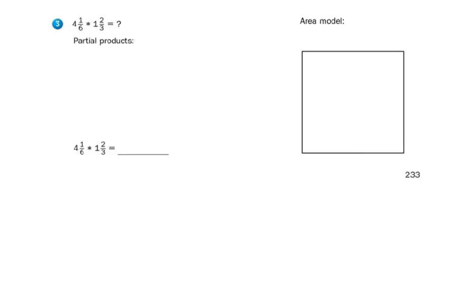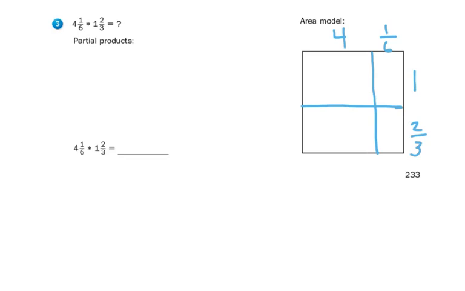Let's look at number 3. Now here we need to divide this into 2 sections going across. So we have to take 4 1/6 across the top and then divide it the other way 2 ways as well, 1 2/3.